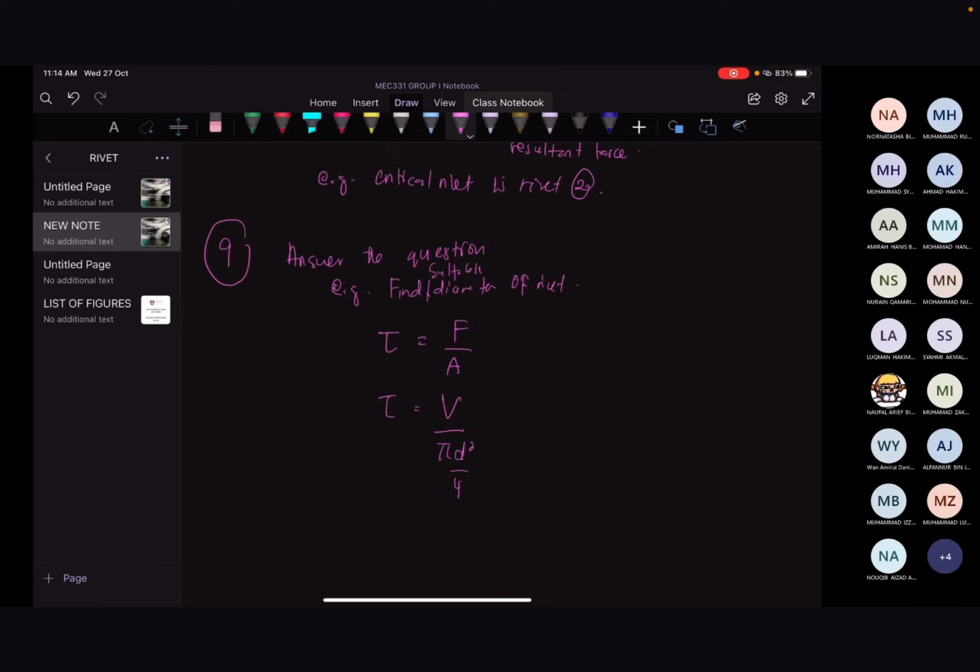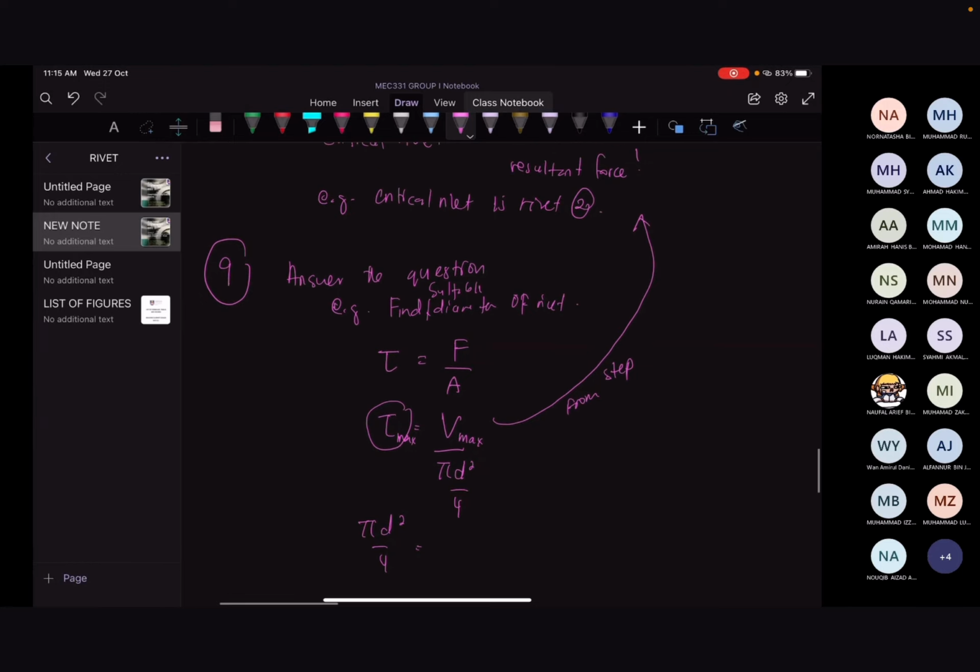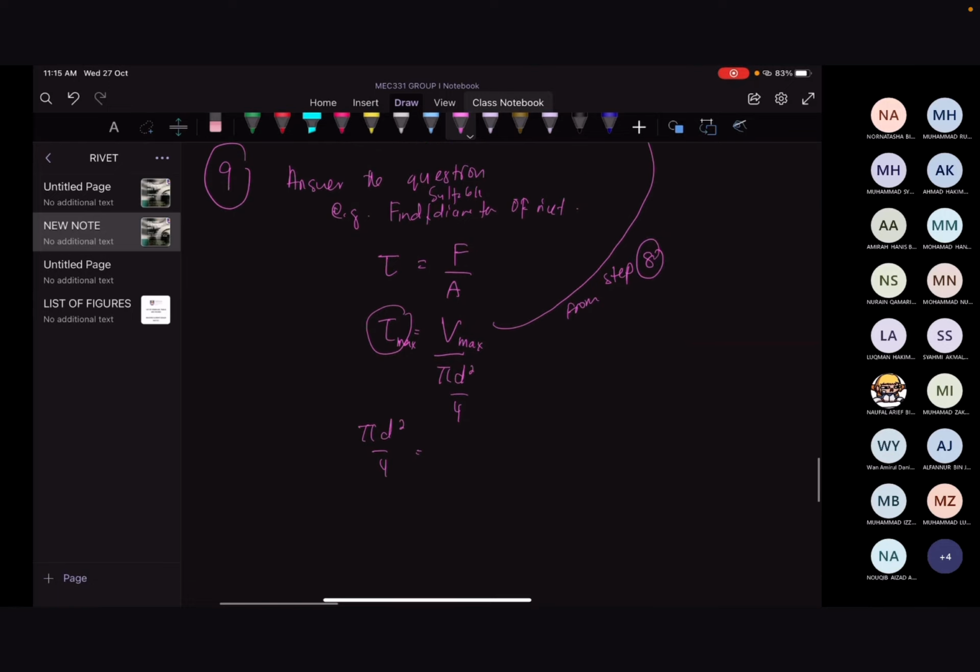Therefore, if we know the shear strength, the maximum shear, we can find the diameter from this. This V is the V maximum obtained from step 8. So what we get is V maximum divided by shear max.